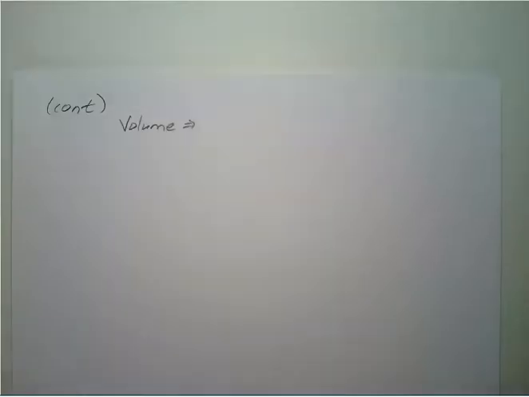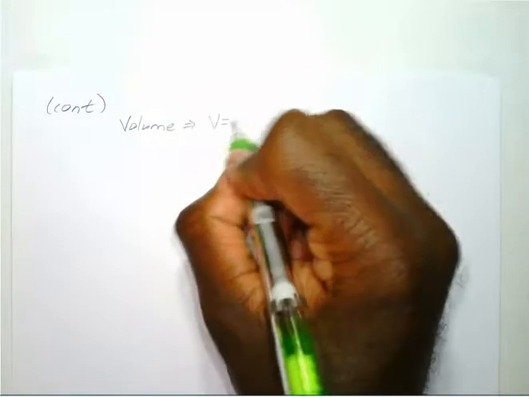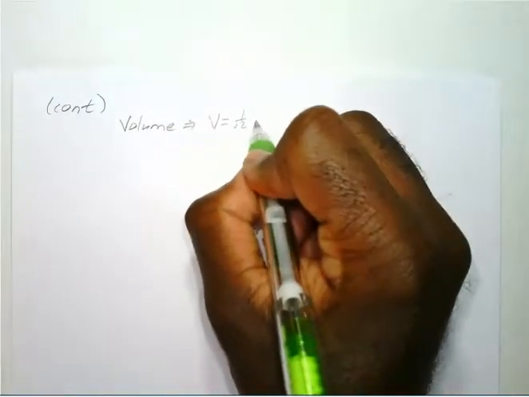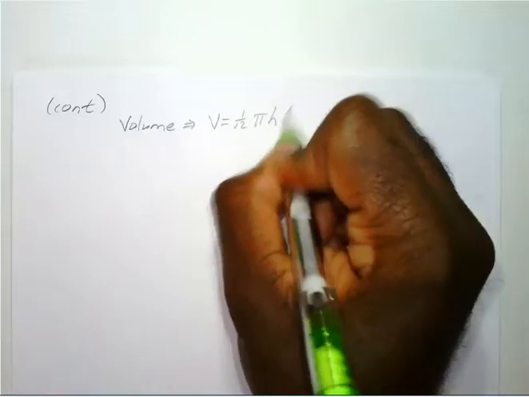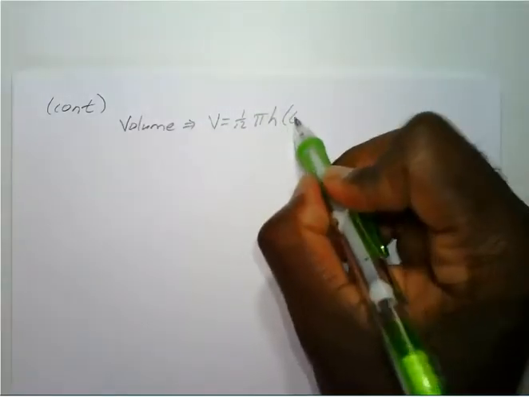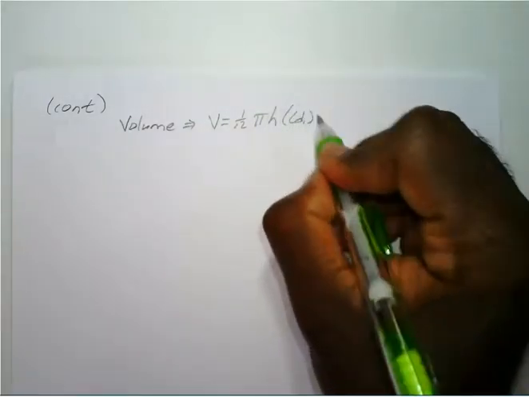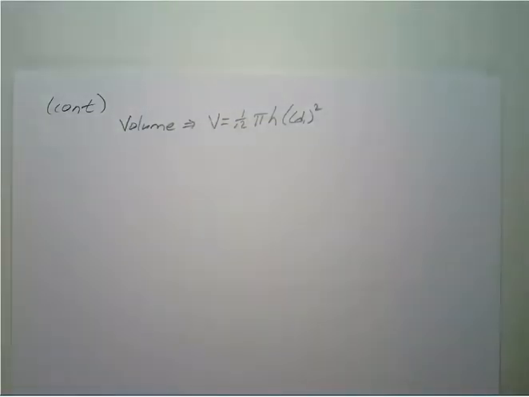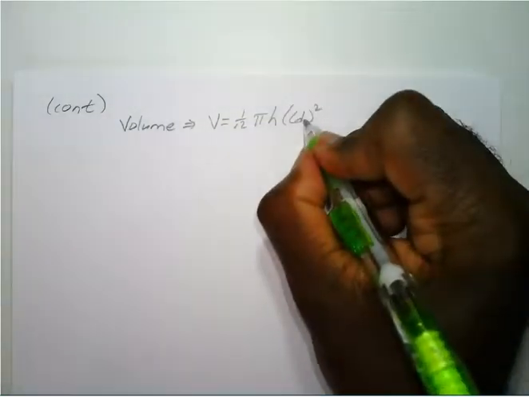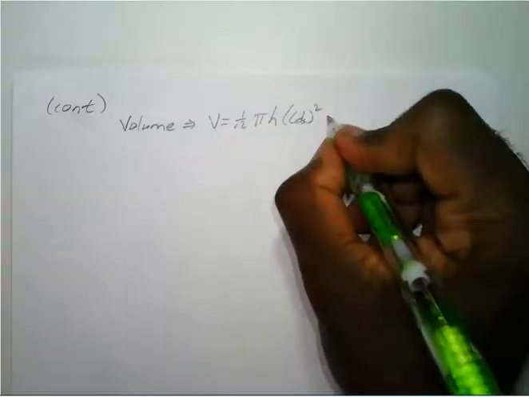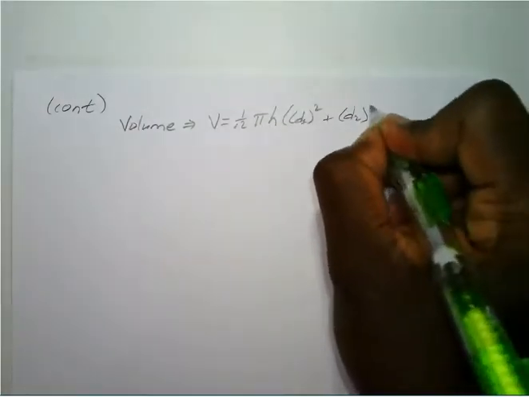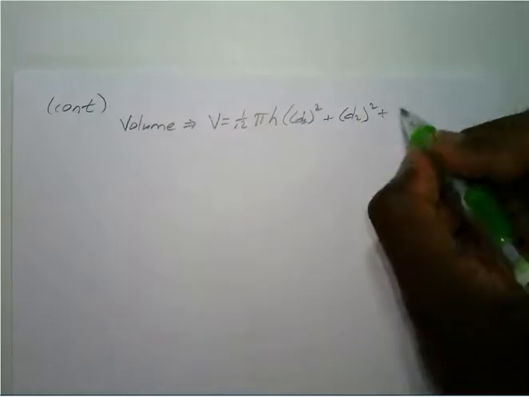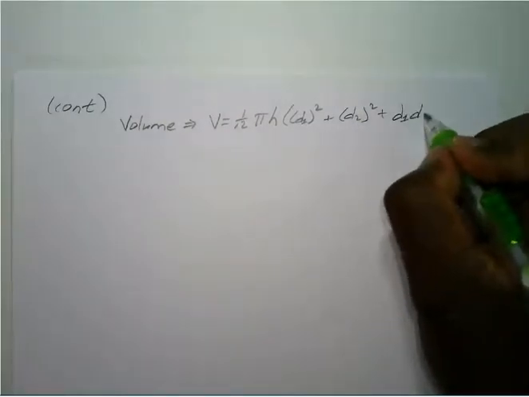Okay, so the volume formula for the diameter, the volume is equal to 1 over 12 times pi times the altitude times the upper diameter squared plus the lower diameter squared plus the upper diameter times the lower diameter.